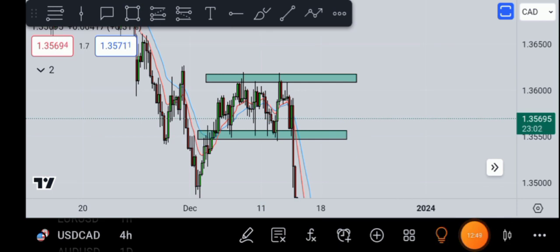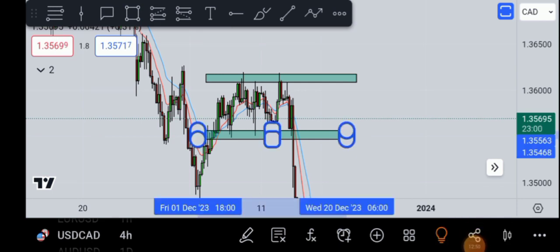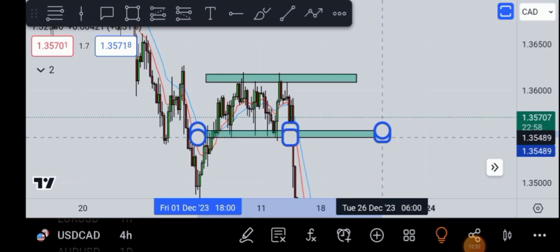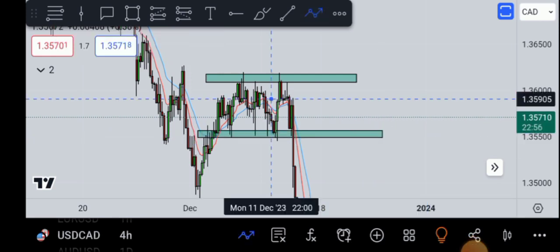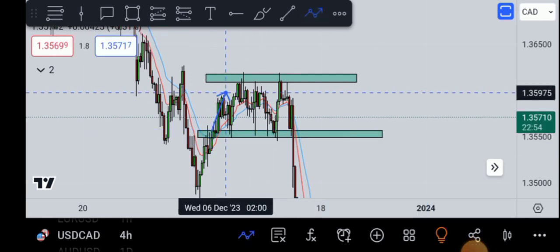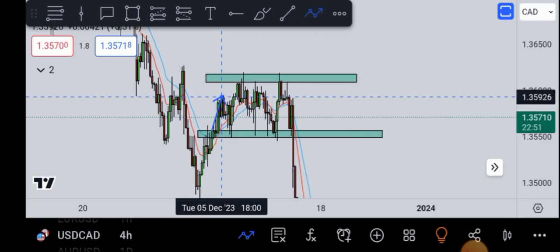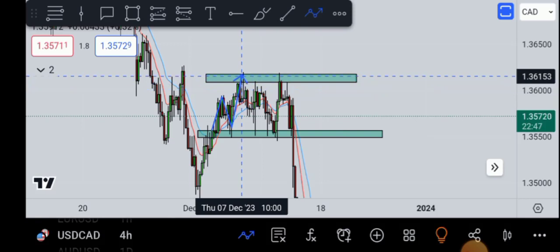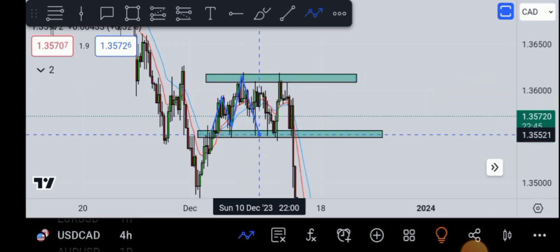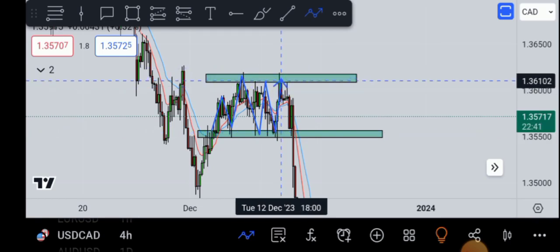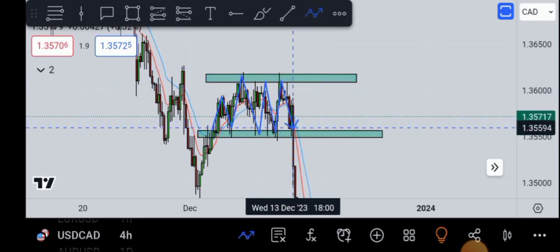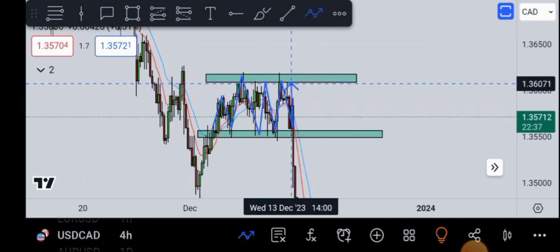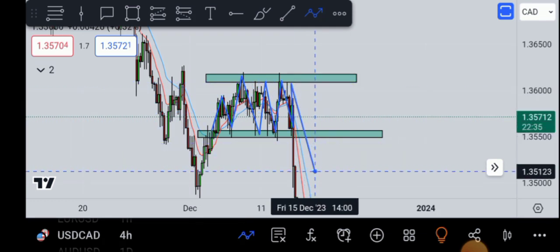If you observe well, you discover that price came into this zone, went up, came down, went up, came down, went up, came down. And finally, I think it also went up and then finally broke below here.